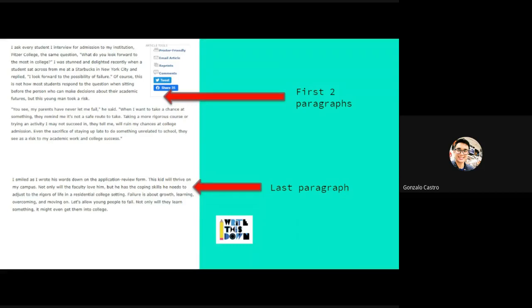Let's allow young people to fail. It might even get them into college. So putting all of those ideas together, we might be able to predict as the main claim that failure is something that high school students should be allowed to experience because it could help them in college.